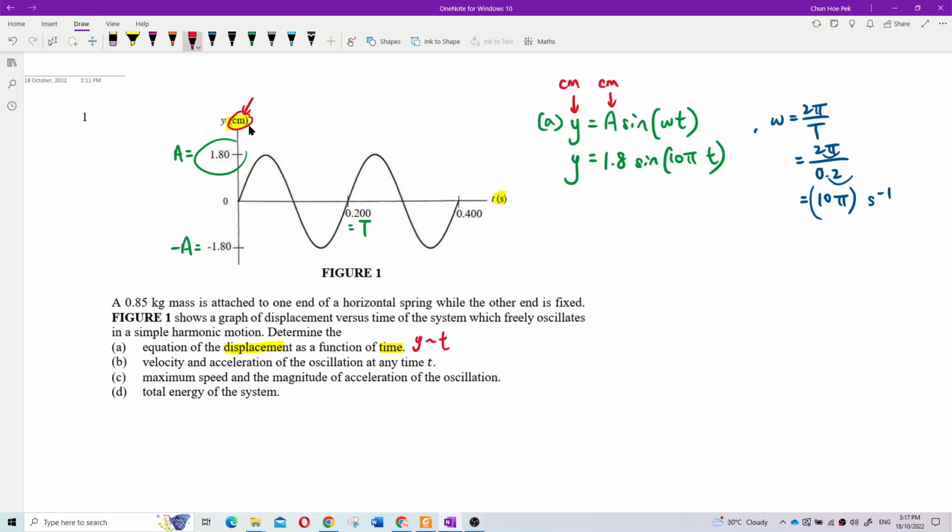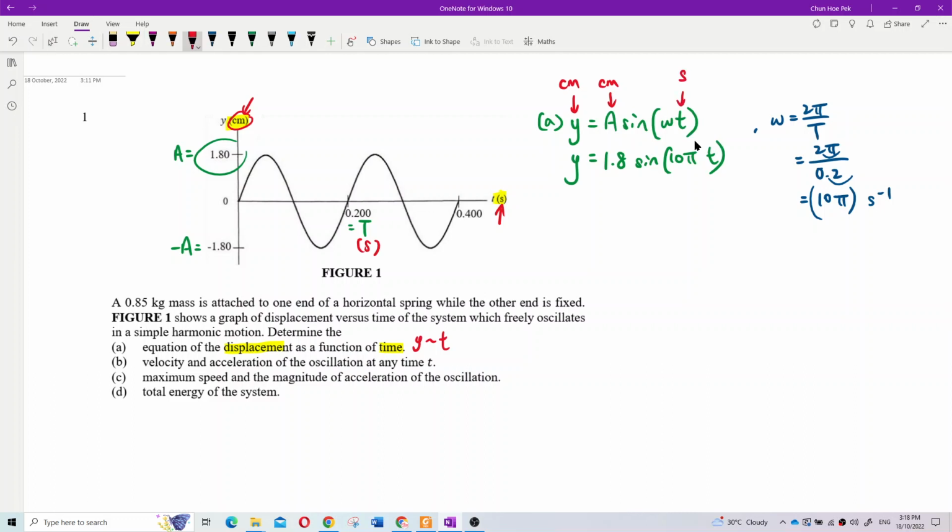Understand? And then here it shows that time is in second, so this period is also in second.